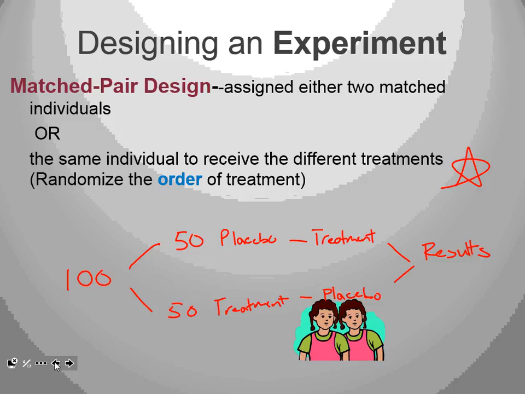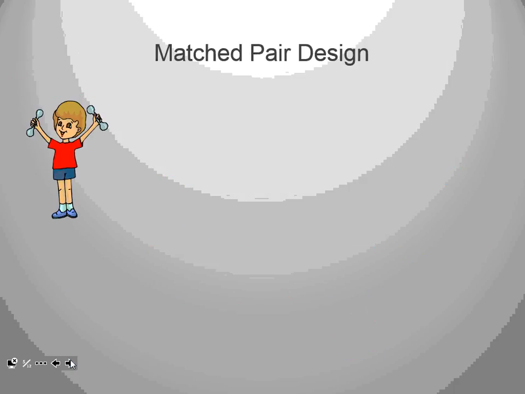Okay. Go back to the kids with the weights and the lifting. Could you design something that is matched pair for these kids? Talk about that with your neighbors.